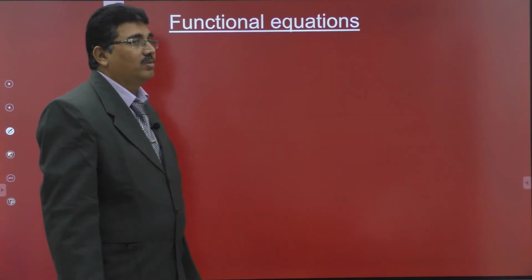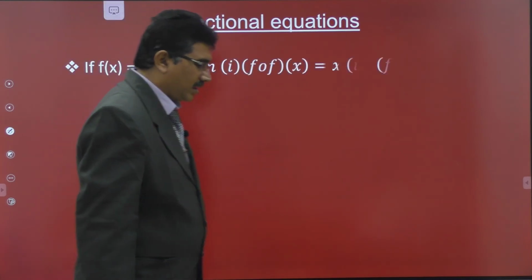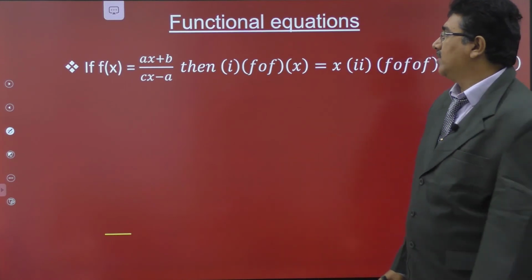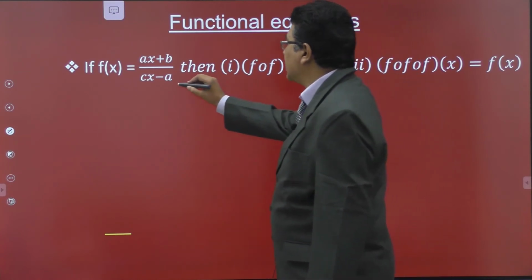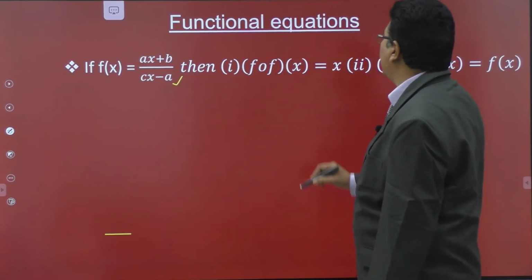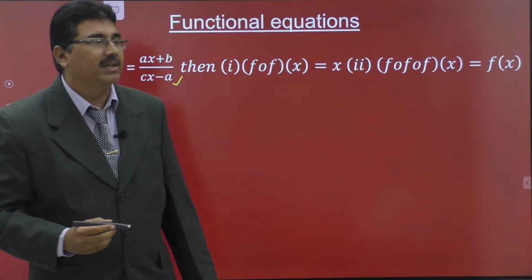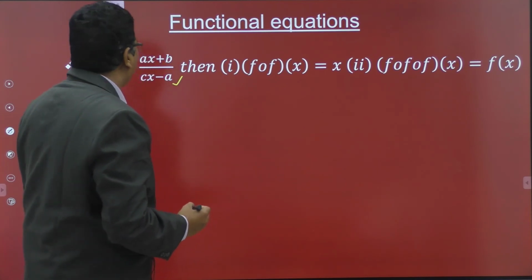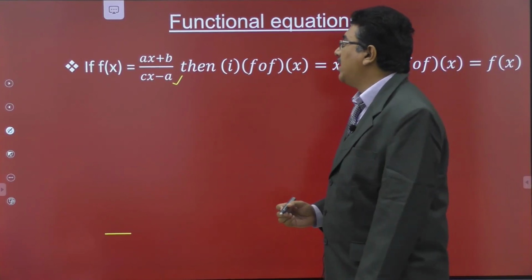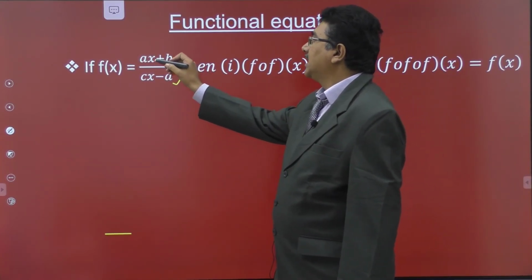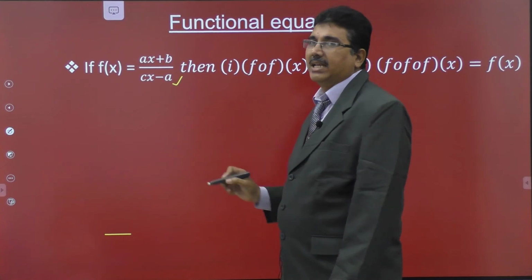Now functional equations. If f of x is equal to (ax plus b) by (cx minus a), this is a function satisfying these equations, so it is called a functional equation. If f of x is of this form, observe that the coefficient of x is a and the constant term is minus a.